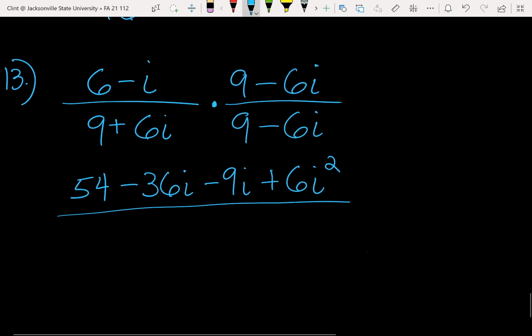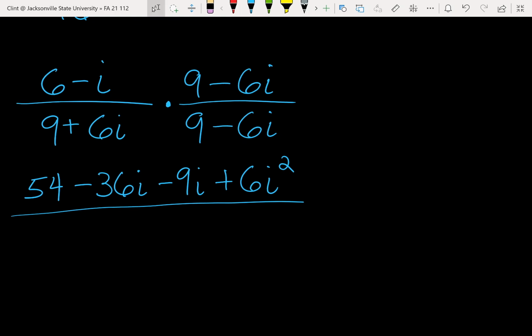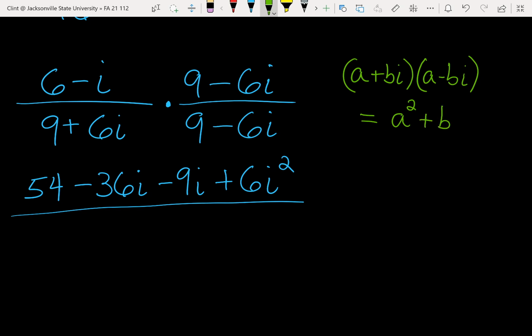On the bottom, where we're multiplying the conjugates, we've got two choices. Either you can remember the pattern. So here our a would be 9, our b would be 6. Or you can just use the FOIL method again.